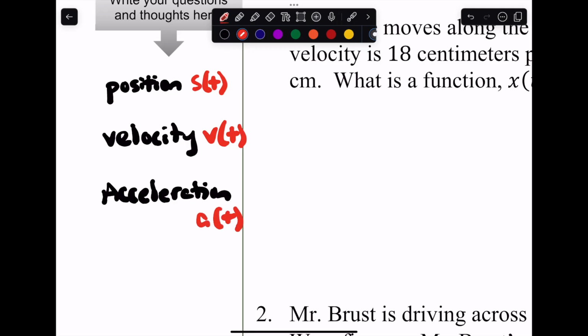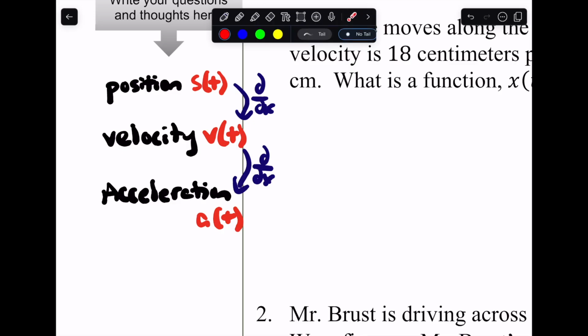To get from position to velocity, we take a derivative, and to get from velocity to acceleration, we also take a derivative with respect to time.